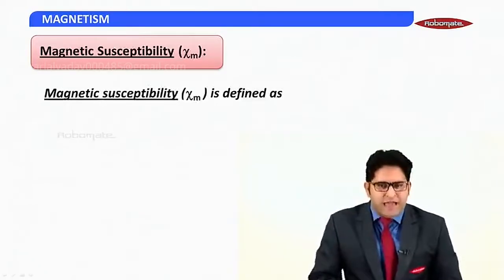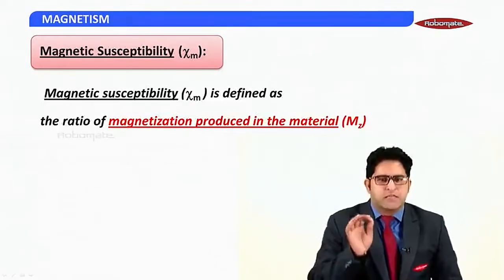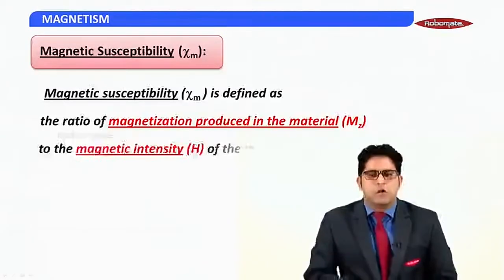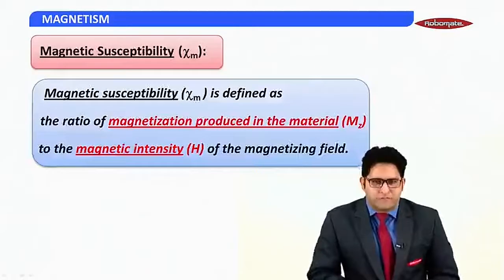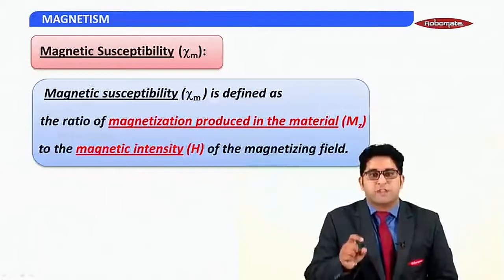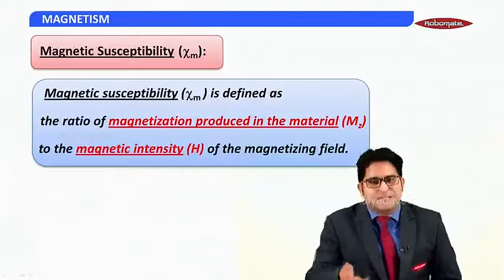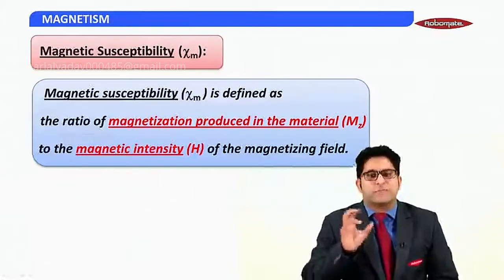It is defined as the ratio of magnetization produced in the material, Mz, to the magnetic intensity H of the magnetizing field. So it is nothing but the ratio of magnetization which is getting produced inside the material to the magnetic intensity H of the applied field.